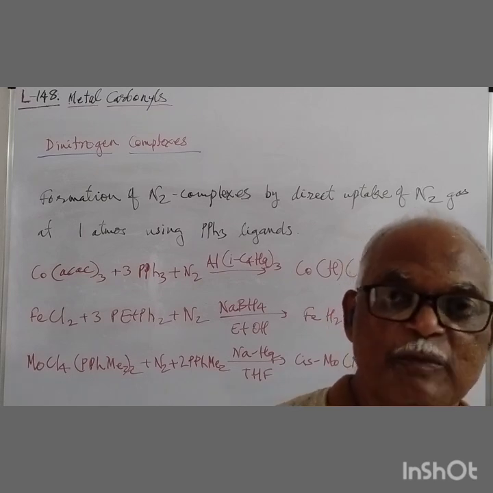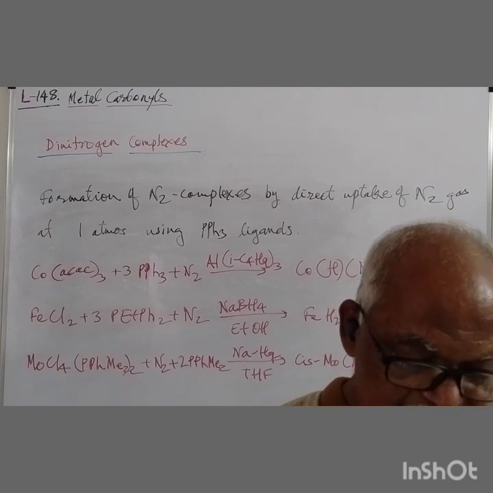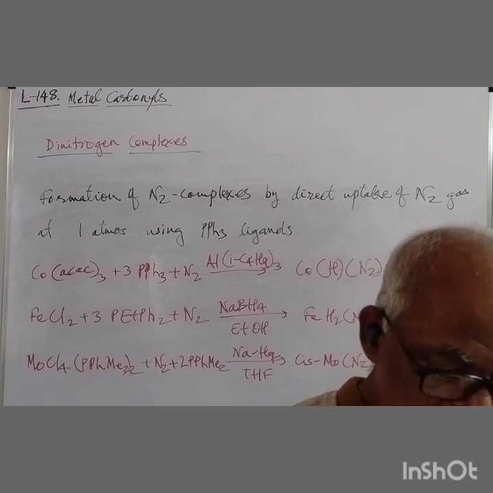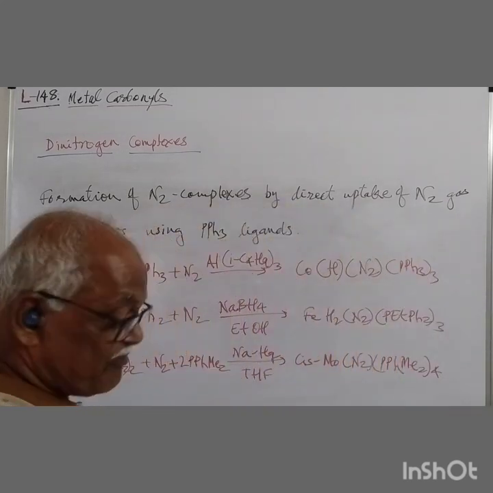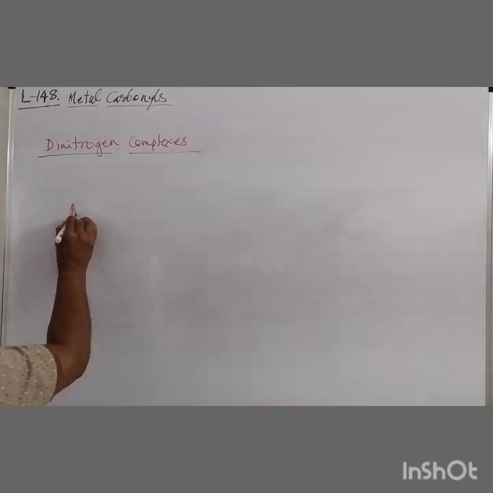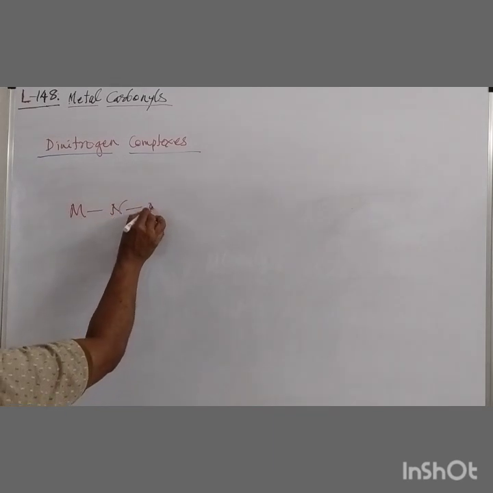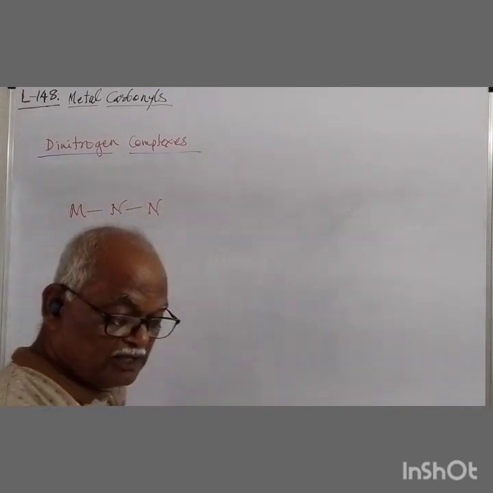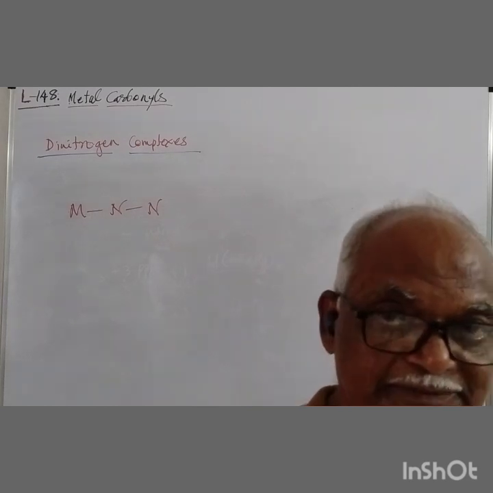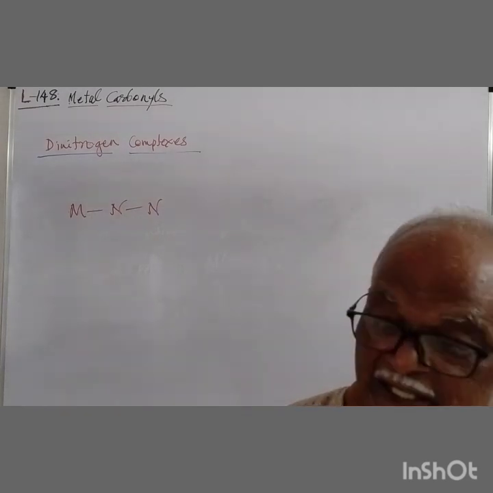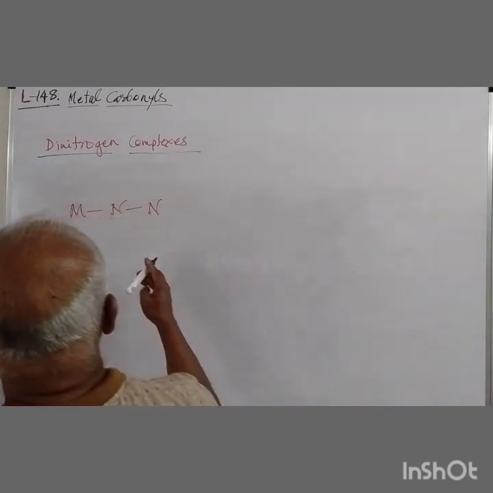A variety of dinitrogen complexes were structurally characterized, and it is found that the 3-atom chain, metal, nitrogen, nitrogen, is linear.